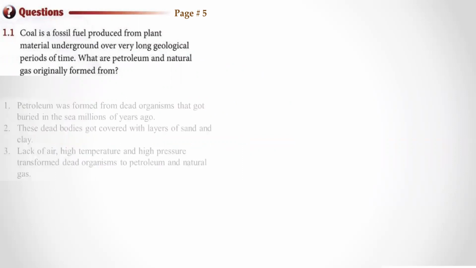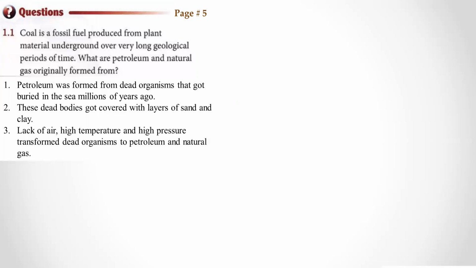The answer is petroleum was formed from dead organisms that got buried in the sea millions of years ago. These dead bodies got covered with layers of sand and clay. Lack of air, high temperature, and high pressure transformed dead organisms to petroleum and natural gas. So this is the difference between petroleum, natural gas, and coal formation.